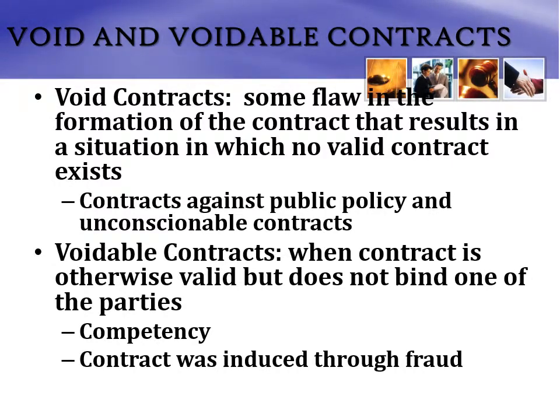So then what's voidable? It's when a contract can otherwise be valid, but does not bind one of the parties. For instance, competency. If you bargain with someone who is by law incompetent, for instance, you bargained to sell a car to a 15-year-old.